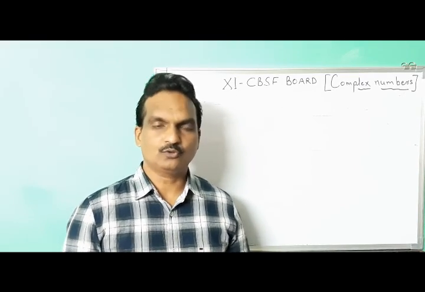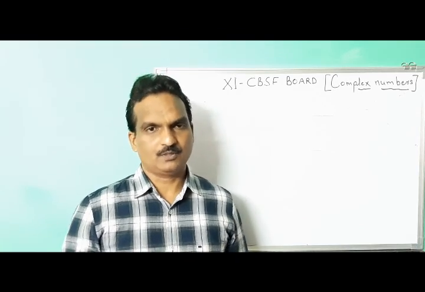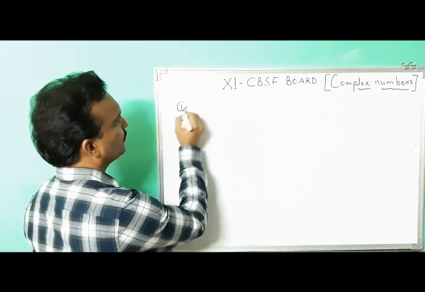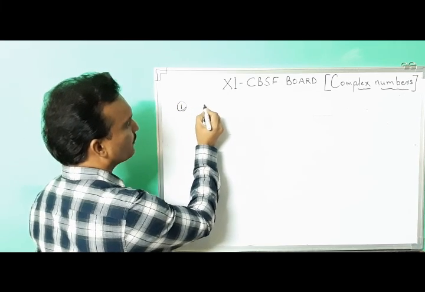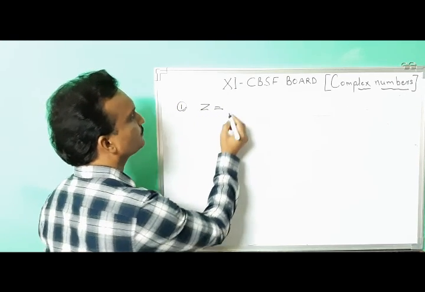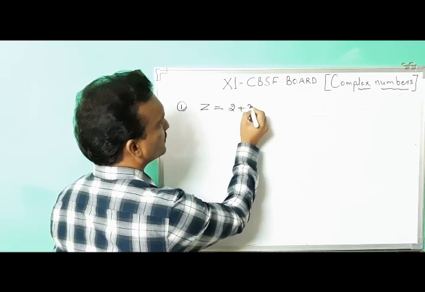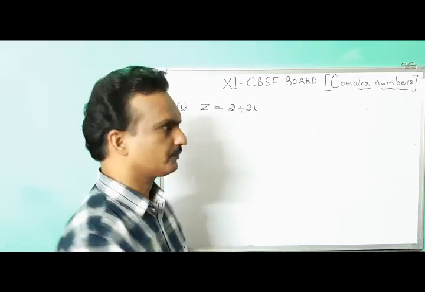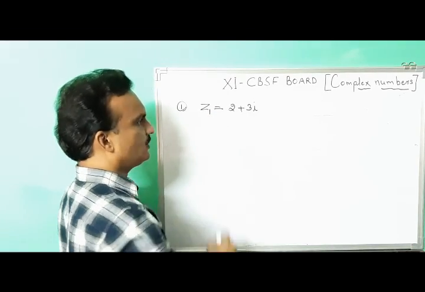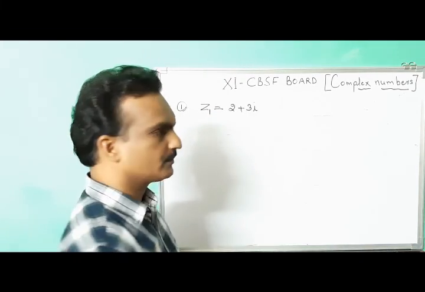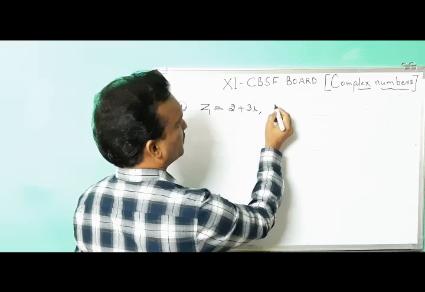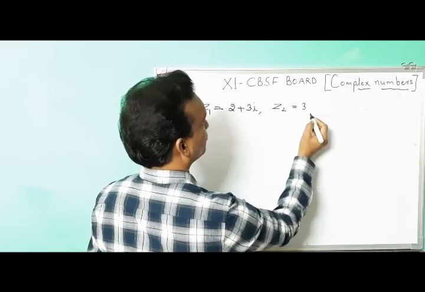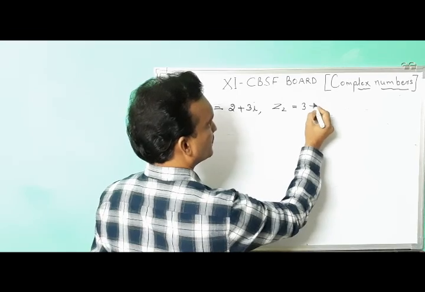Now we will see how we can add two numbers. Suppose you have one number z1 is equal to 2 plus 3i. Another complex number you have, z2 is equal to 3 plus 4i.